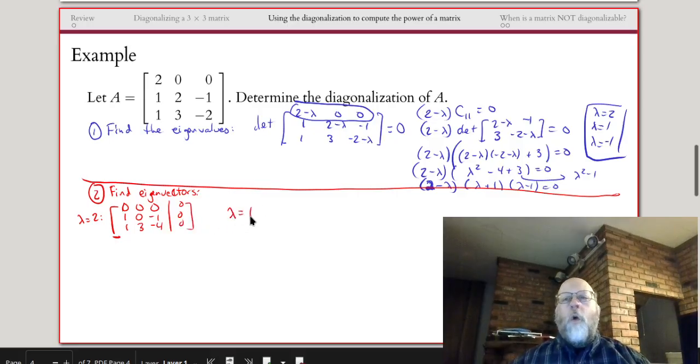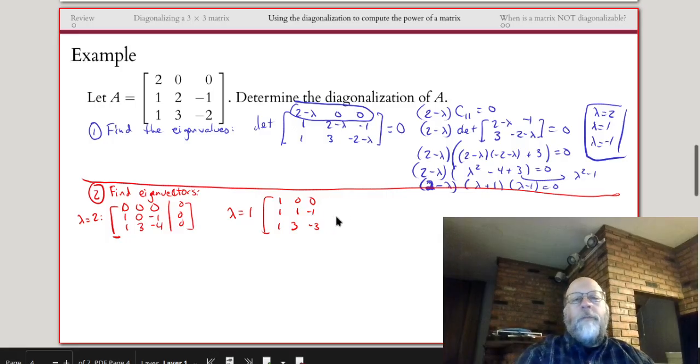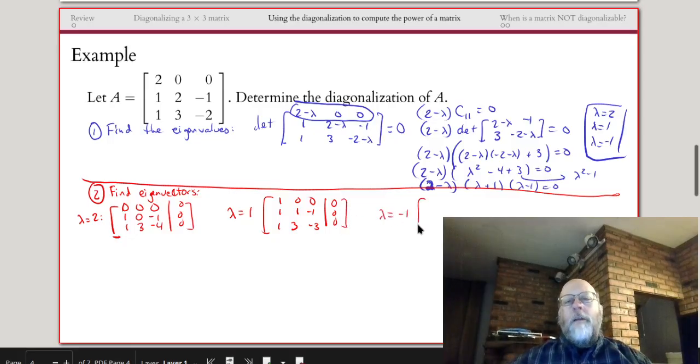When lambda is equal to 1, 2 minus 1 is 1, 2 minus 1 is 1 again, and negative 2 minus 1 is negative 3. And augment that with zeros. And when lambda is equal to negative 1, we get 2 minus negative 1 is 3, and negative 2 minus negative 1 is negative 1. Augment that with zeros.